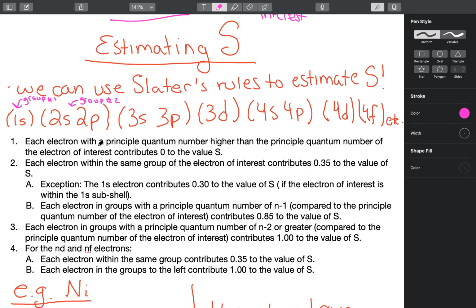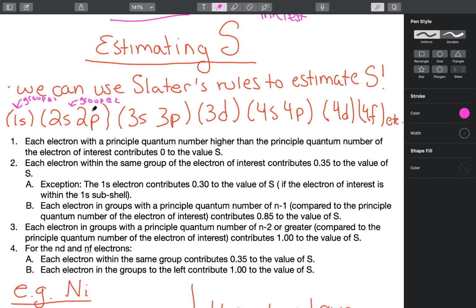So now we can get into the actual rules. The first rule is that each electron with a principal quantum number higher than the principal quantum number of the electron of interest contributes 0 to the value of S. So let's say that we have an electron in the 2p subshell.